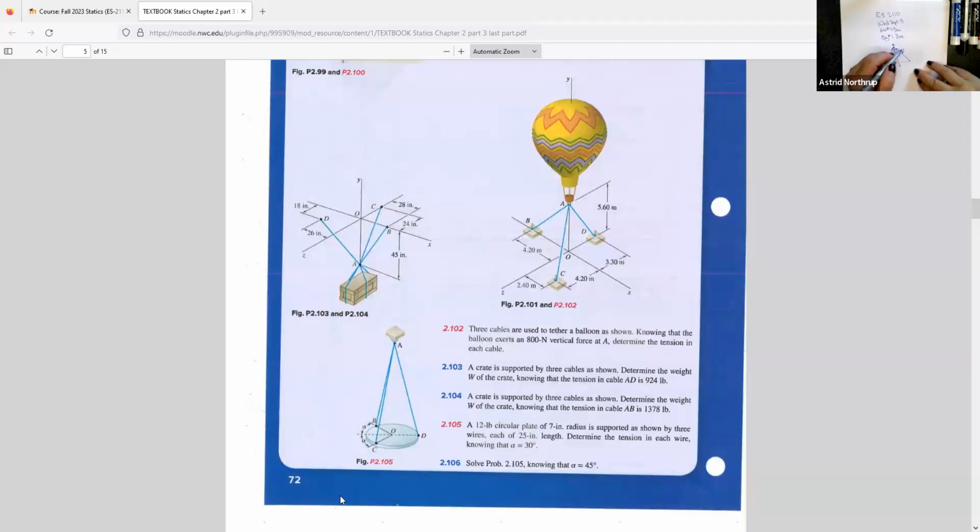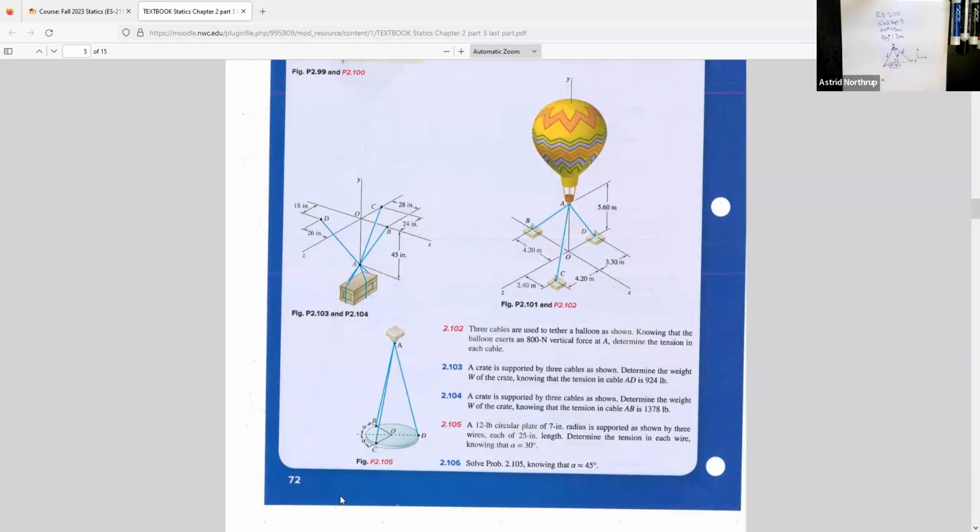A to D to O. If we drew our coordinate system, X, Y, and Z, A to D is going to be on the X axis. And then these two are each, this is going to be impossible to draw the way I have it, so I'm going to do it like this. We have a 45-degree angle on each of these from the Z-axis.